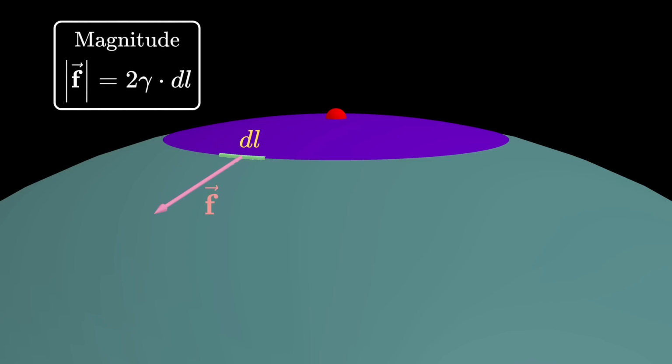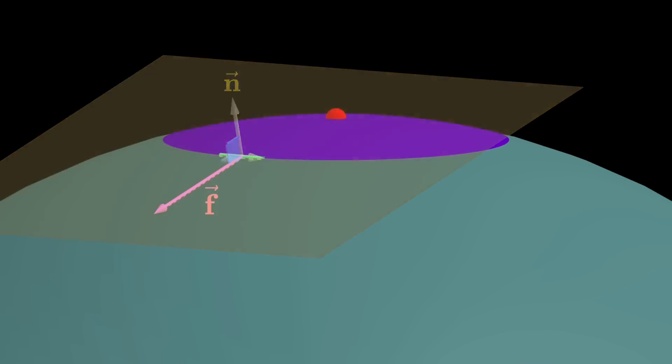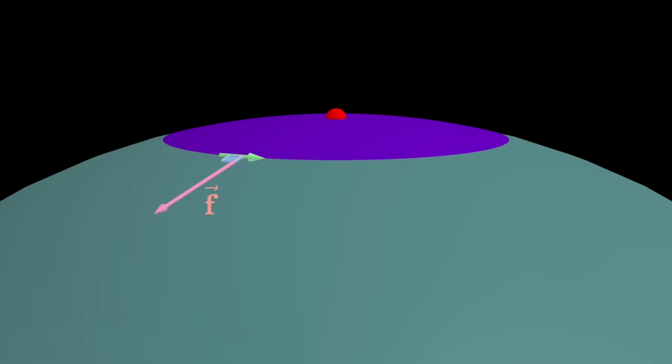What about the direction? Well, the force should be tangent to the surface, so it should lie on the tangent plane. This means the force is perpendicular to n, the normal vector at this point. It will make sense shortly why we want to make this observation. On the other hand, the force should be perpendicular to the boundary. Let's name this small vector along the boundary t with length dl.